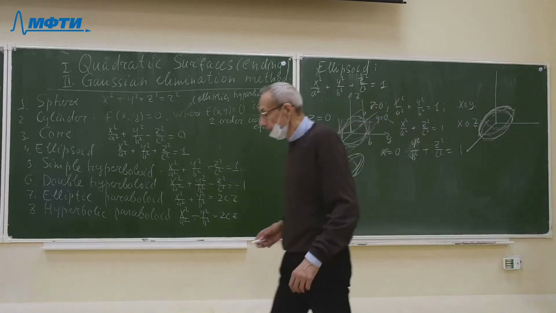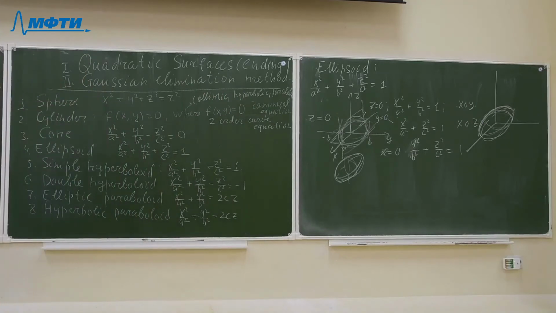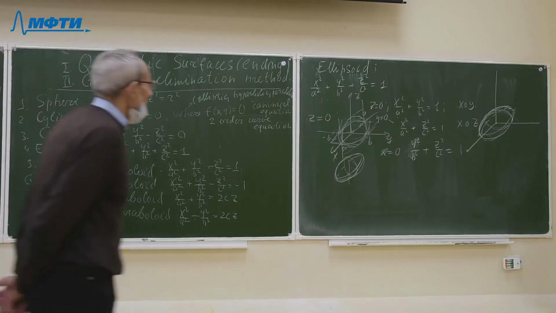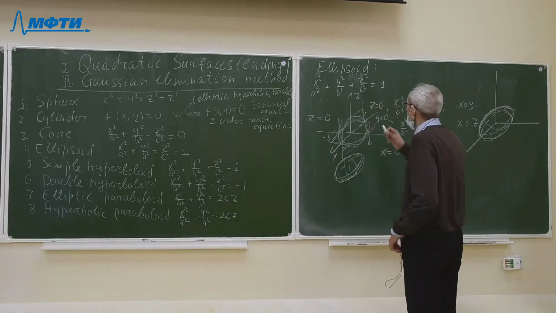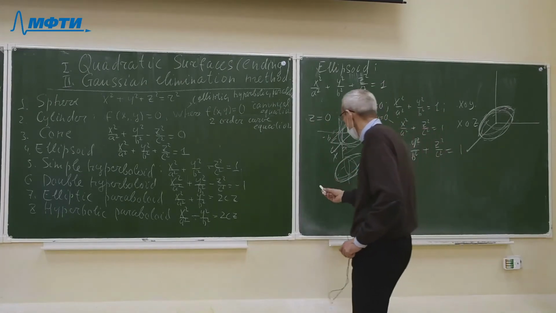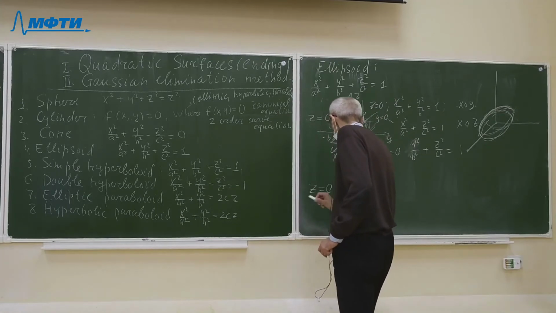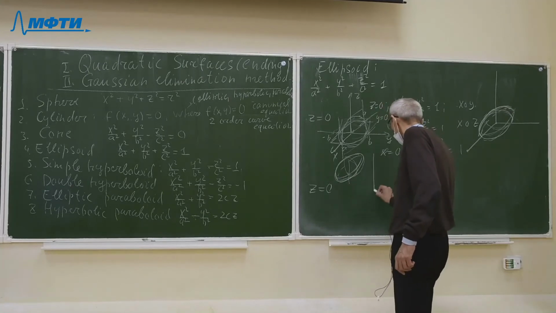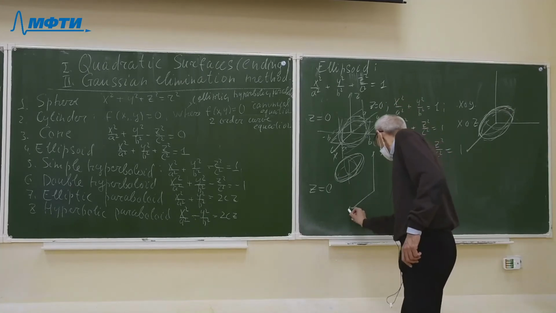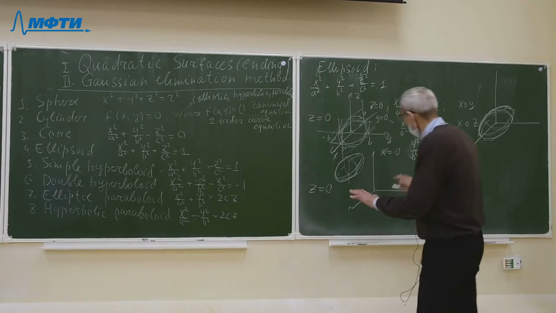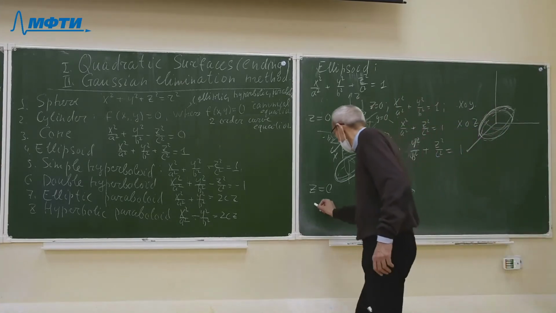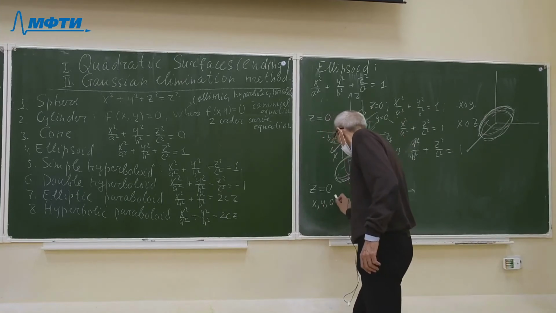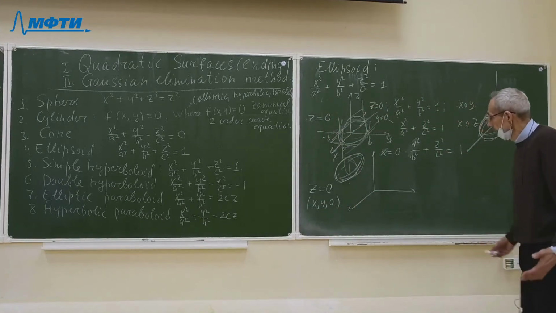And the question, yes. Why did you put x and y and z equal to 0? Okay. If we put one of the coordinates, z is equal to 0, we obtain the coordinate plane. For example, we have a point with coordinates x, y, 0.